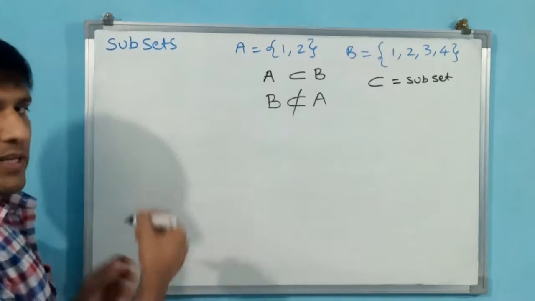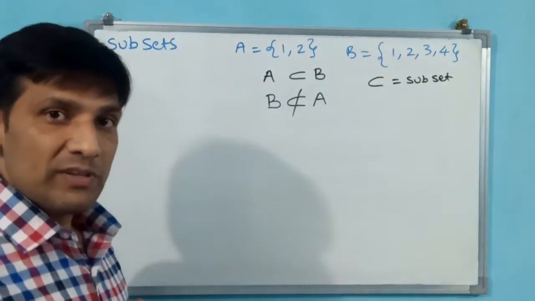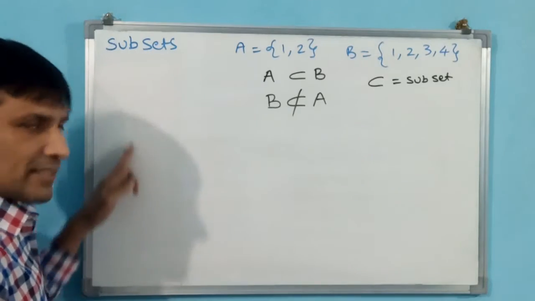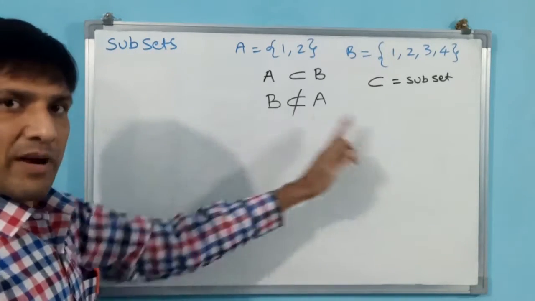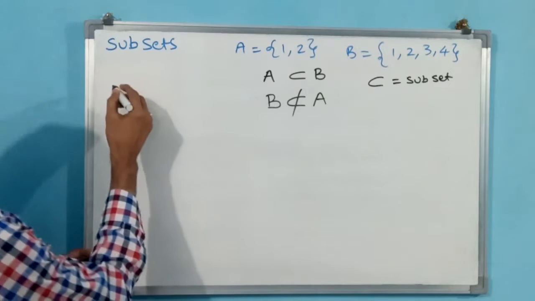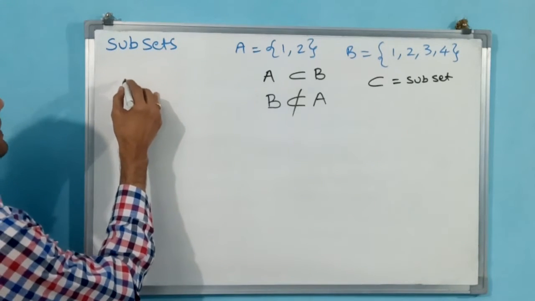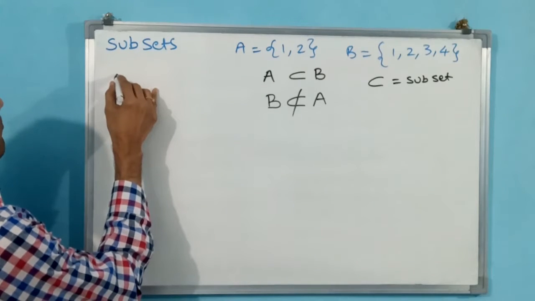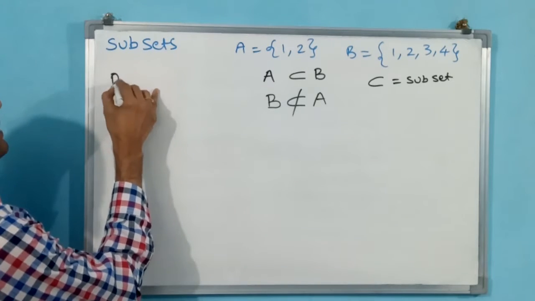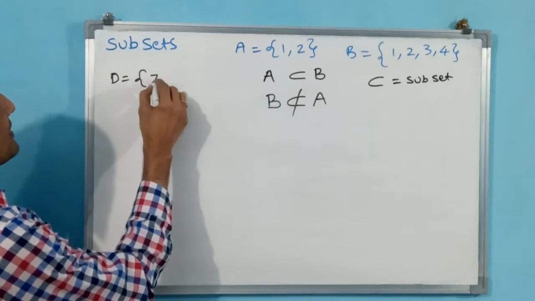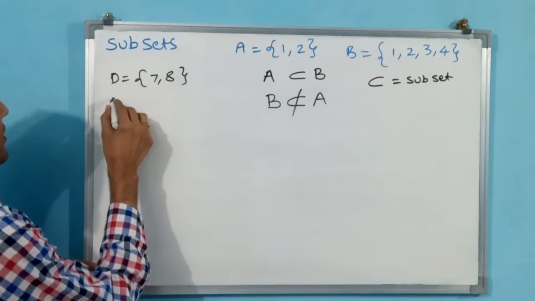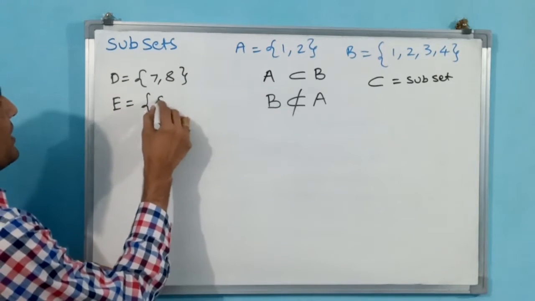Last class we have seen equal sets also. Let us write equal sets here and compare what is an equal set and what is not. I will write D is equal to {7, 8} and E is equal to {8, 7}.